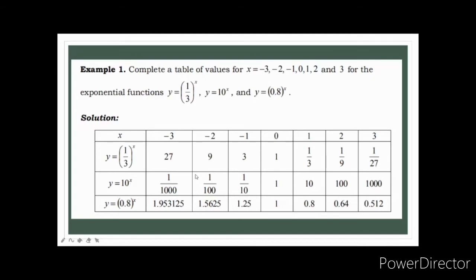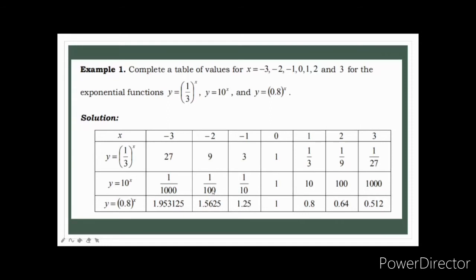So we have 1 over 10 raised to positive 2. That becomes 1 over 10 raised to 2, and that is equal to 1 over 100.